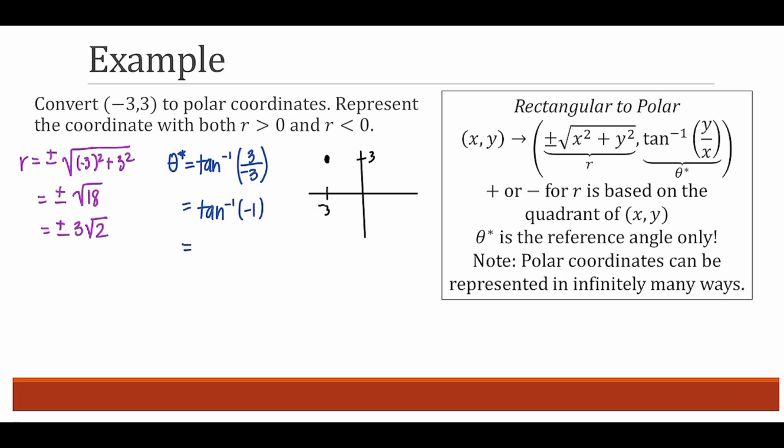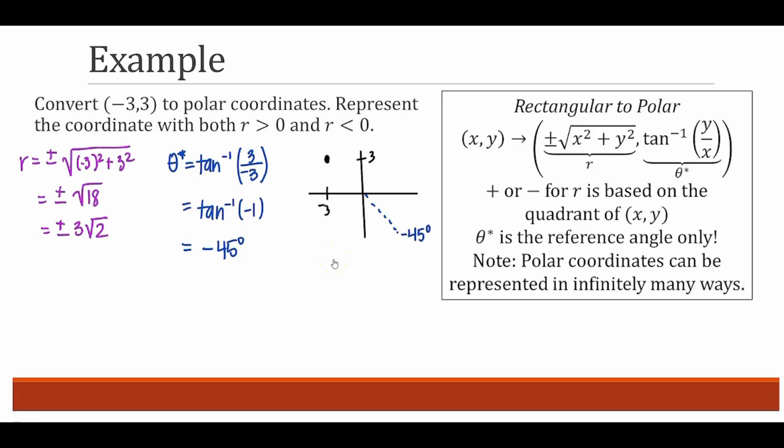Now, tangent inverse of -1 is exactly -45 degrees if I use degrees, or -pi/4 if I use radians. So -45 degrees is actually down here in quadrant 4 because tan inverse is restricted to quadrant 1 or 4. So here, down here, is my -45 degrees.